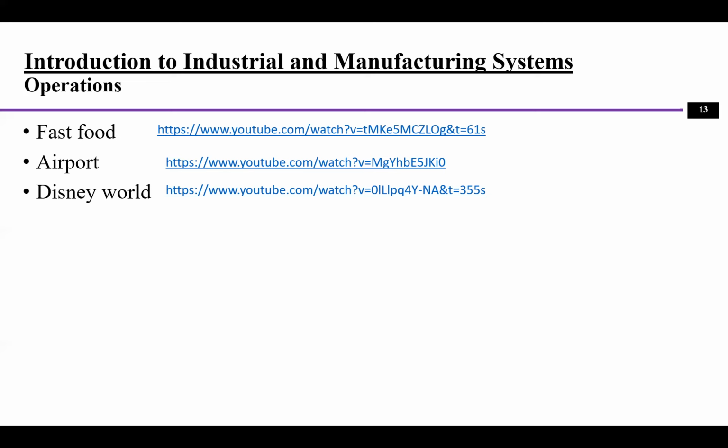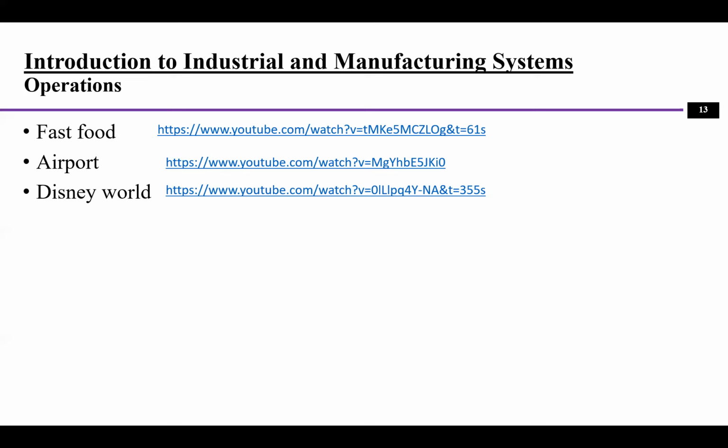Okay, so it's similar to manufacturing. Another one would be Disney World. If you have been there, you'll see there is a lot of waiting there. So how do you deal with those waiting times?